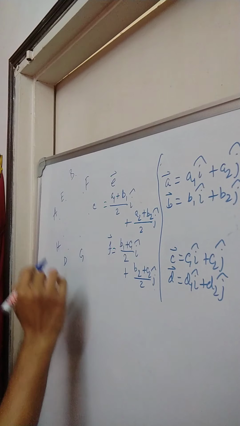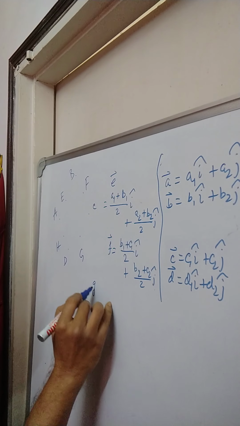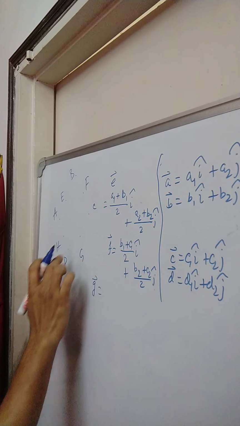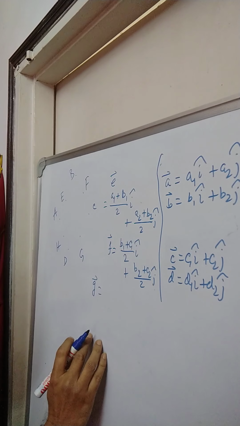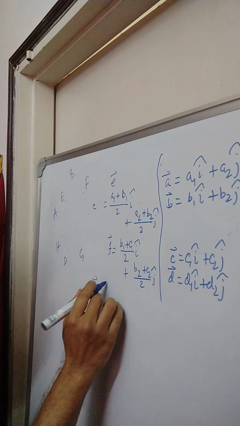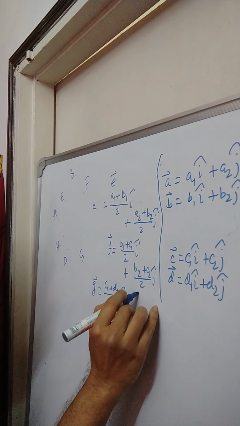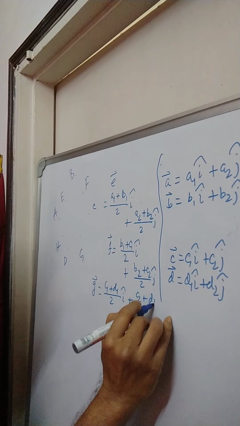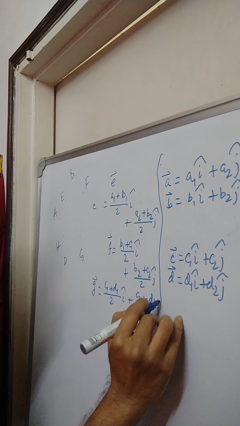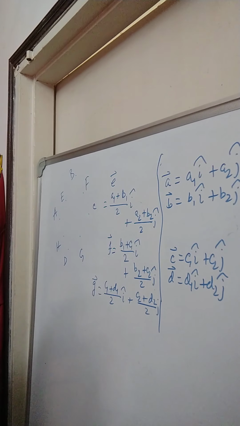What will be the position vector of G? Let us write it with small g, is the midpoint of C and D. So, it will be obviously C1 plus D1 by 2 i cap and C2 plus D2 by 2 j cap. Okay.